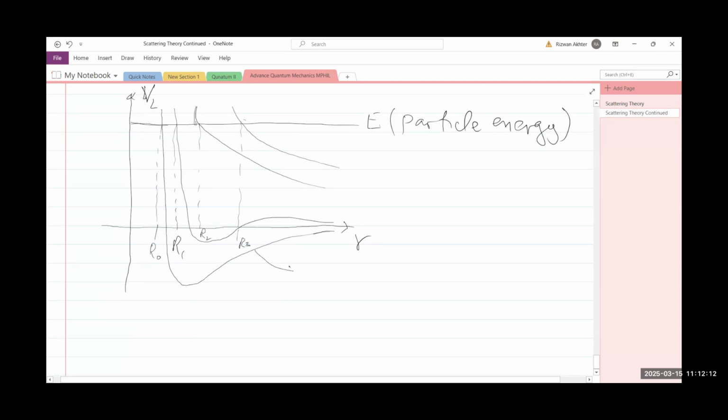This curve is for L equals 0. This curve is for L equals, let's say, 1. This curve is L equals 2 units, and this curve is L equals 3 units. So we have R0, R1, R2, and R3. ये क्या है? These are points of closest approach.